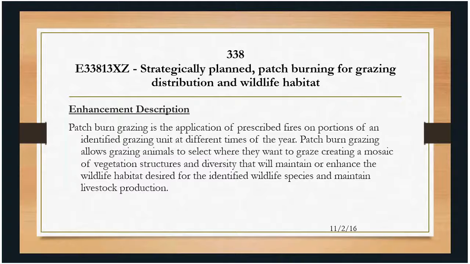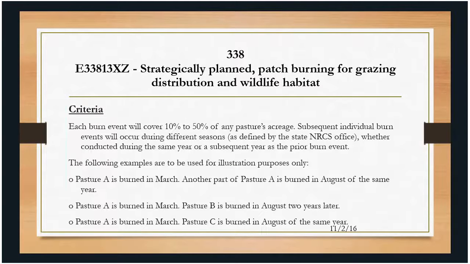So this is a practice that's been popularized in the Great Plains a lot. I suppose we could find some environments in Utah where this could work out, but in general, you take a big pasture and, well, let me just dive into the examples that they talk about here. Criteria. Each burn event will cover 10 to 50% of a pasture's acreage.